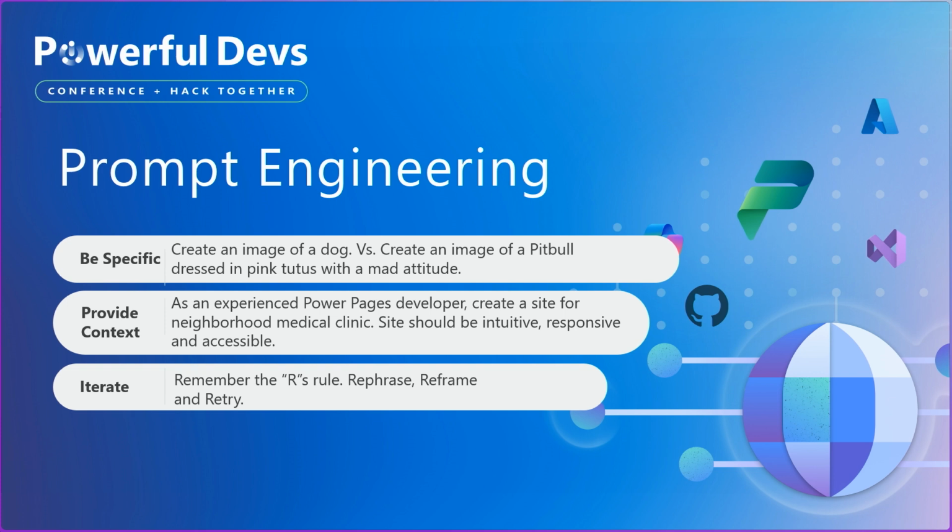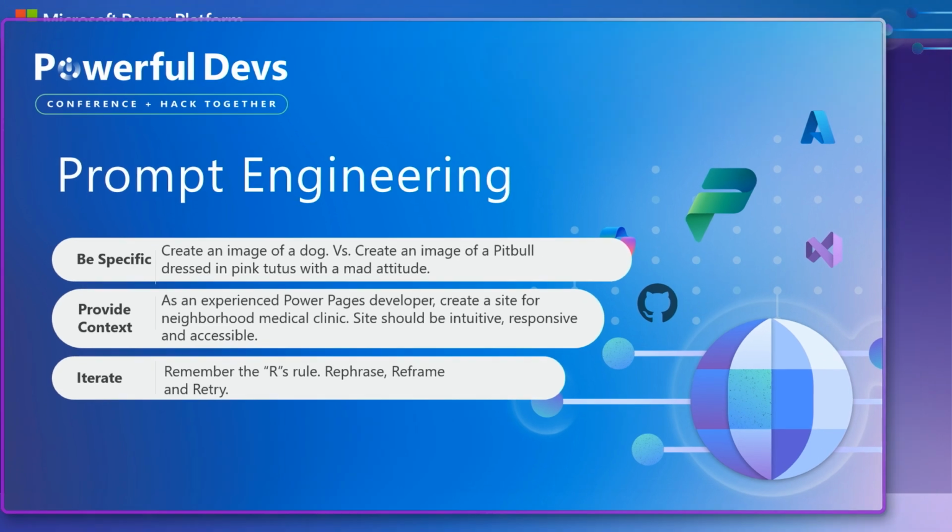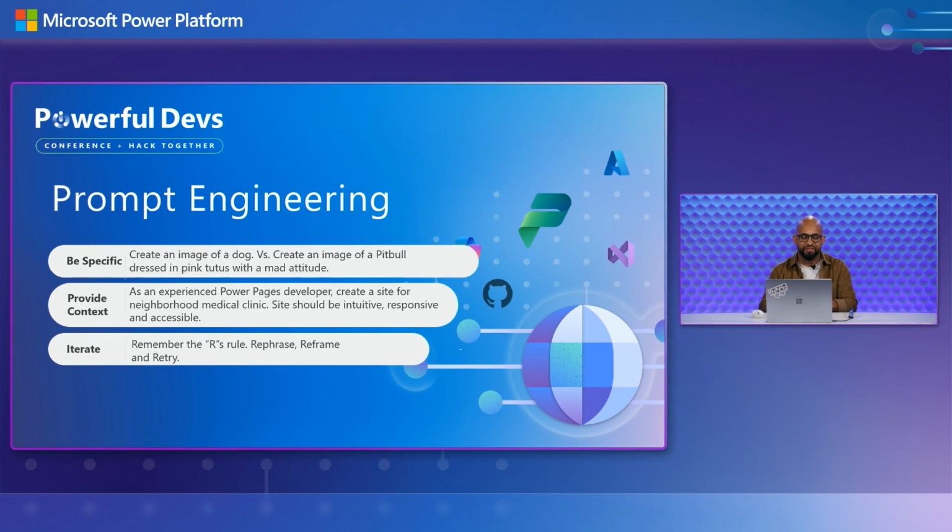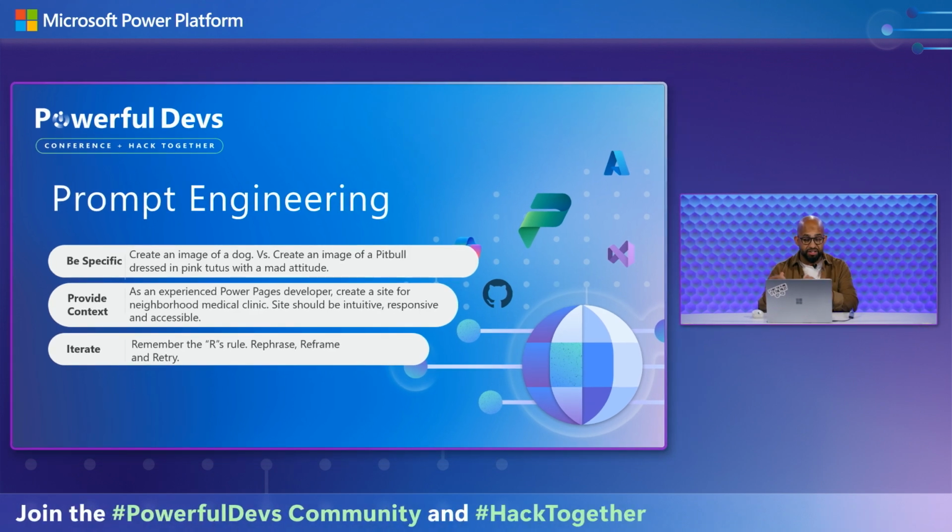Create your prompts using enough details so that Copilot can provide answers that are detailed enough. Provide context. So when I write my Power Pages code, I always tell Copilot who I am. I am a Power Pages developer working on a particular feature set within VS Code. And then finally, iterate.